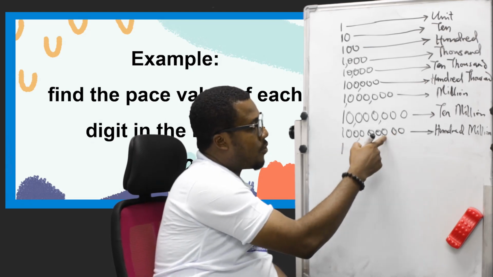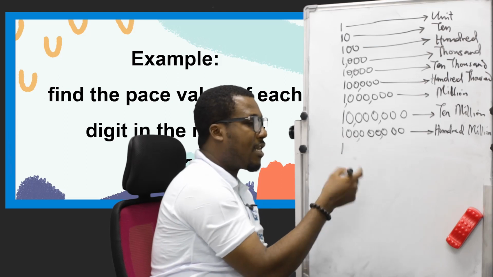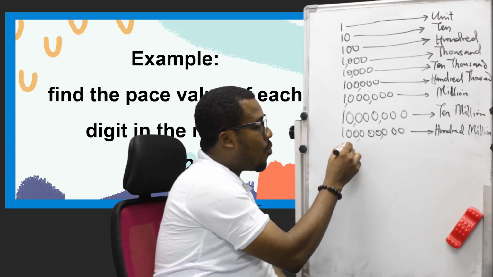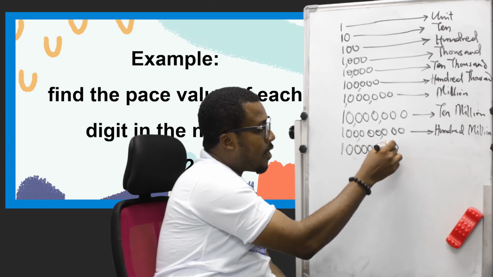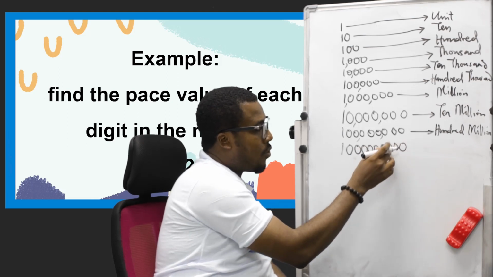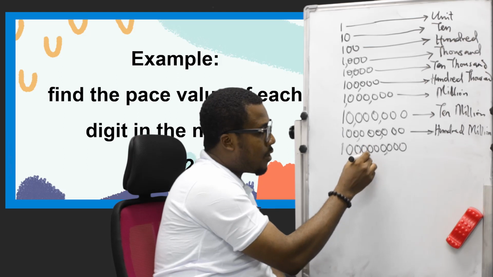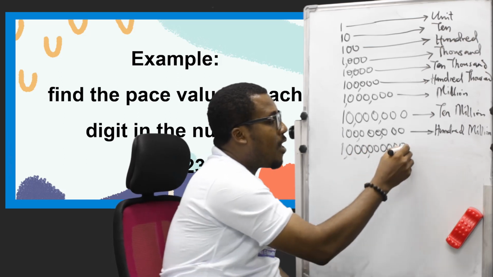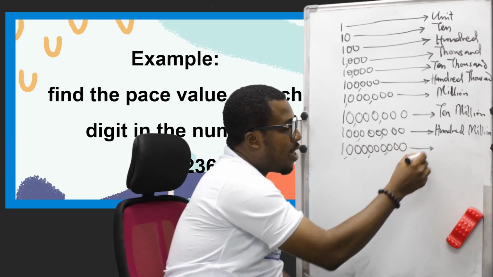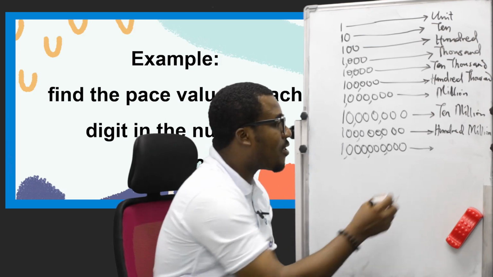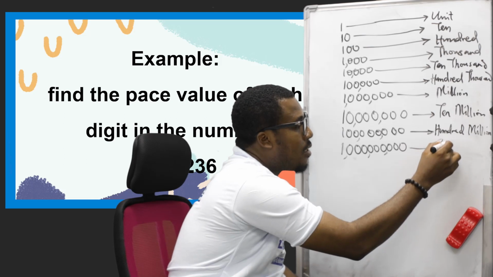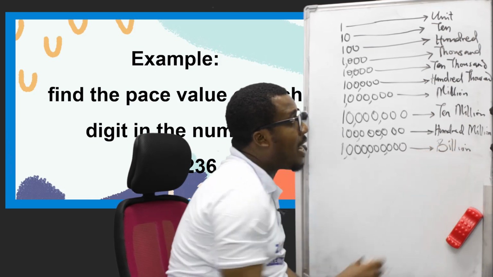Finally, let's get 9 zeros now. 1, 2, 3, 4, 5, 6, 7, 8, 9. 1, 2, 3, separate. 1, 2, 3, separate. 1, 2, 3, separate. Presence of 9 zeros, and in the classification that I have 1 as a unit, tells me that this is billion. And I will end there.